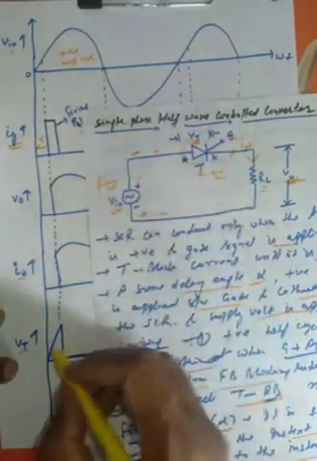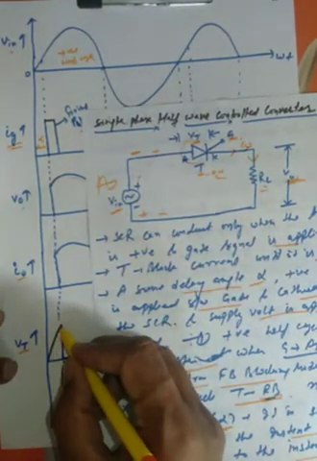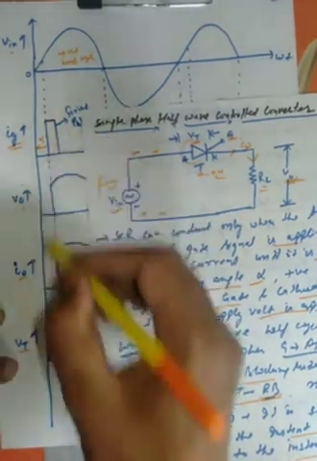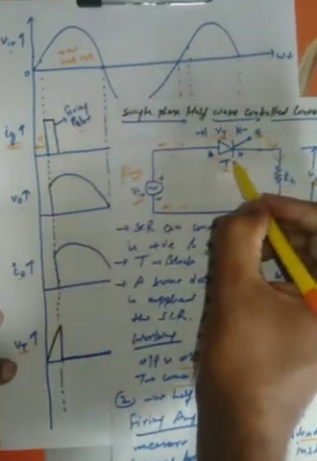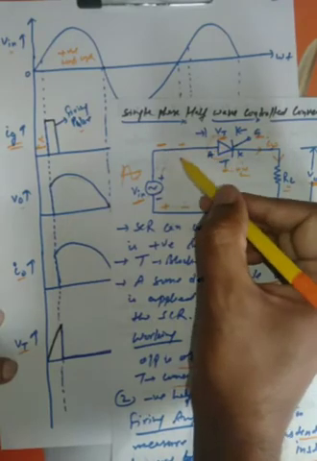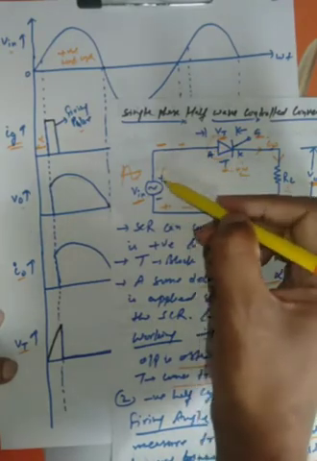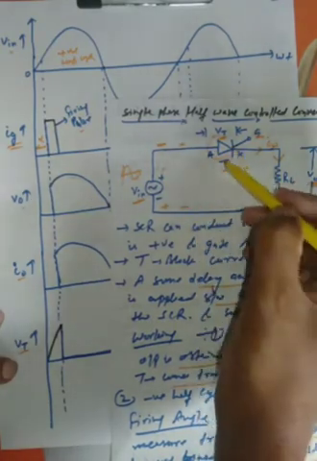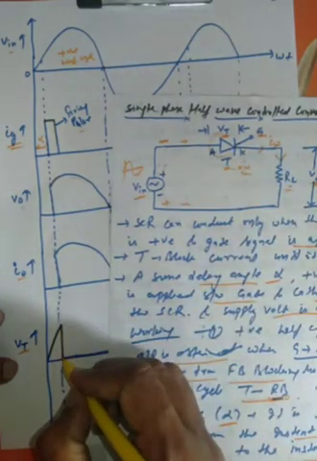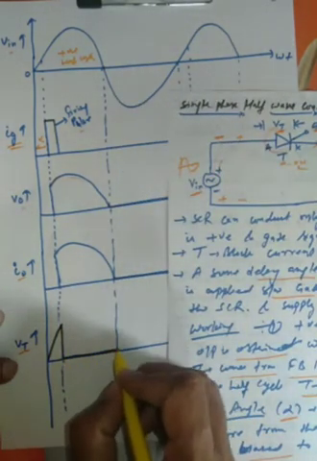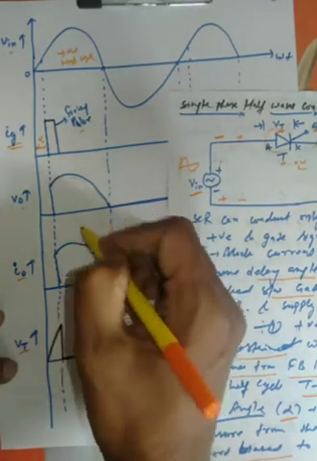So whatever the input is supplied from here will appear across the thyristor until the gate pulse is supplied. Whenever we supply the gate pulse, the thyristor will be on, it will be a closed circuit, and all the voltage will be passed from V in to V out, and there will be no voltage drop across the thyristor, so it comes to 0. We get the output voltage and the current.